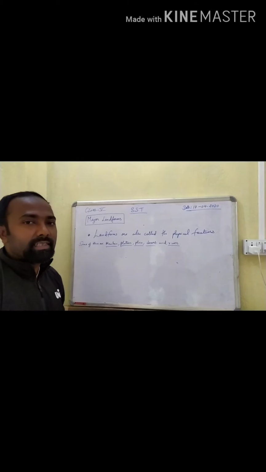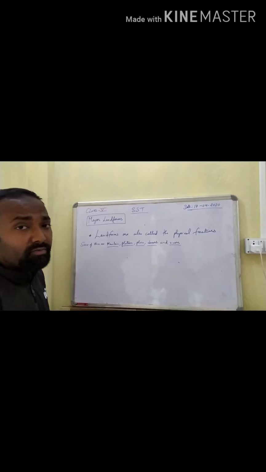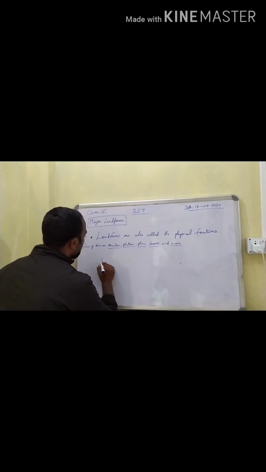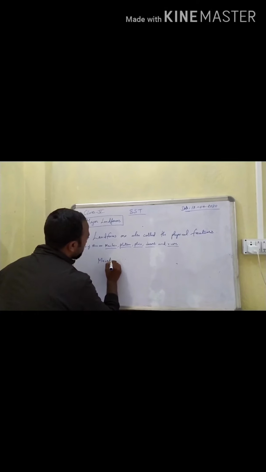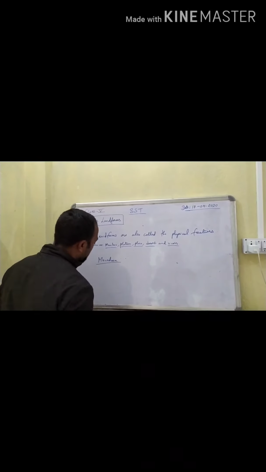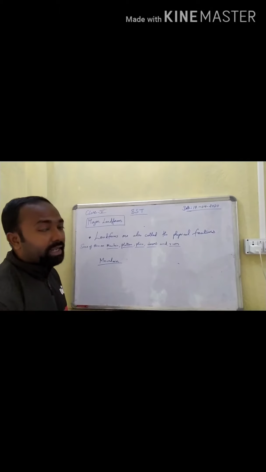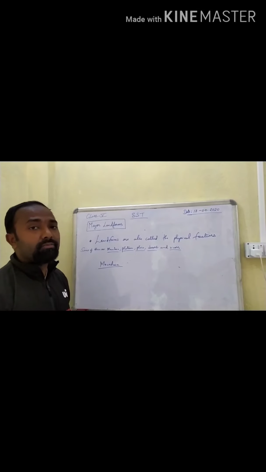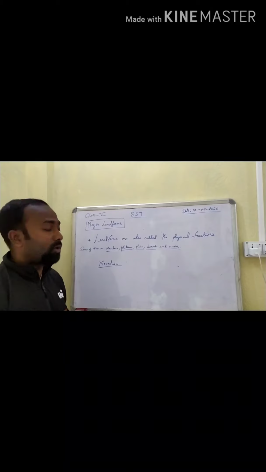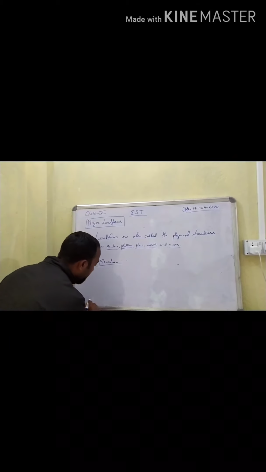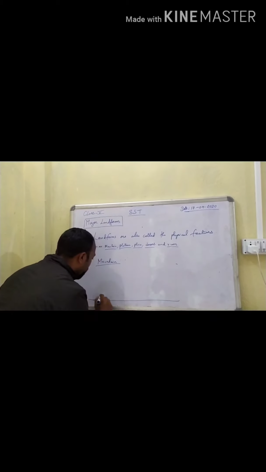Now let us learn this in detail. The first one we are going to learn about is the mountain. As we have seen the mountain many times in the book, if you have observed it properly, you will see that it is a raised landform.